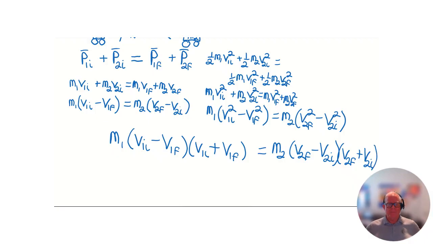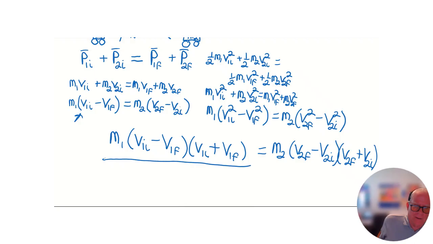And there we go. Now, as I said, we're going to divide each side of the equation by the appropriate side of the other equation, which you can do as long as you're dividing by equal things. So I'm going to divide the left-hand side of the equation by this term over here.